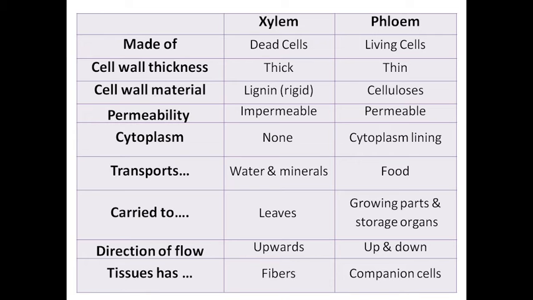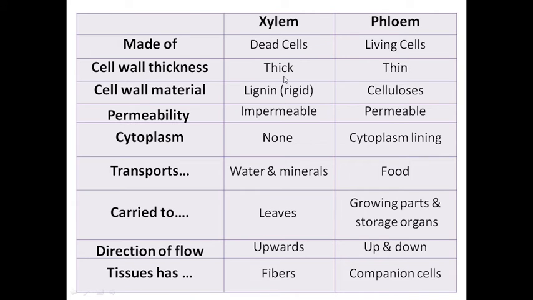See, both are different from each other. Yes, there is a similarity, but the similarity is only in some functions, not in all things. So your xylem tissues are made up of dead cells, whereas the phloem tissues are made up of living cells. Correct?